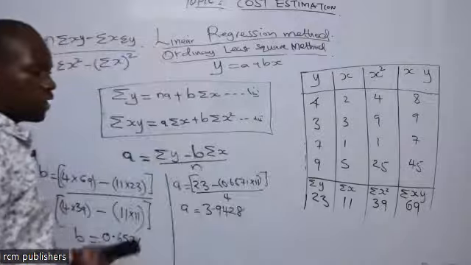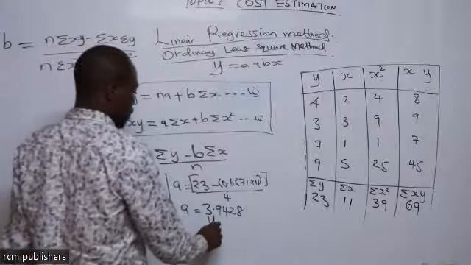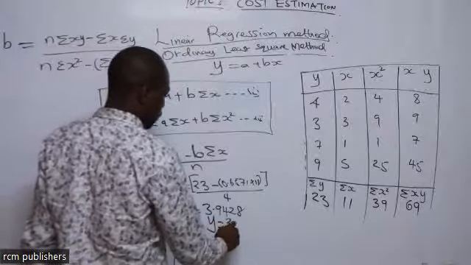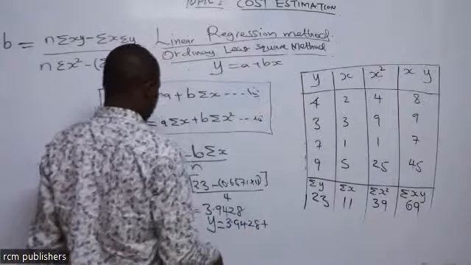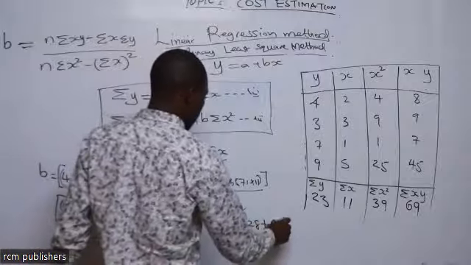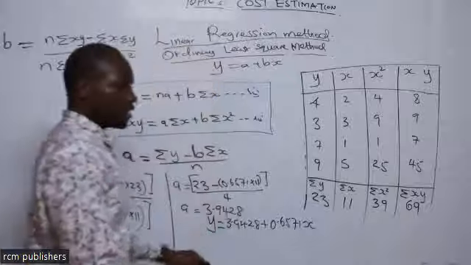So once we have the value of A, we can now go ahead and get our cost function. Y is equal to A, which is 3.9428, plus B, 0.6571, times X. That's the function.